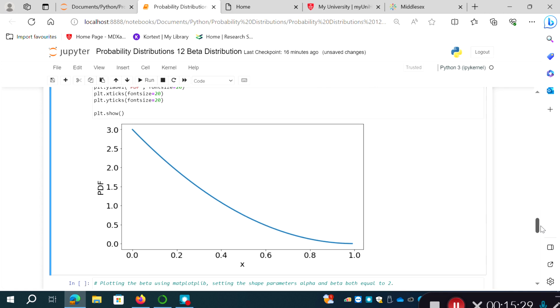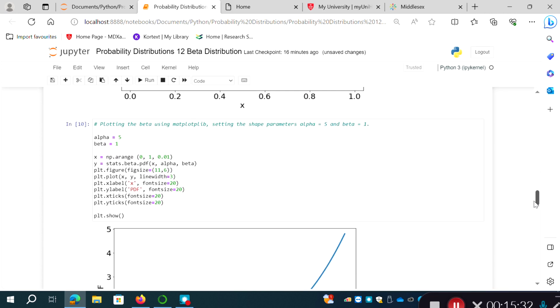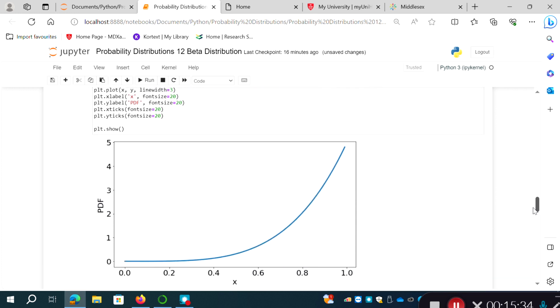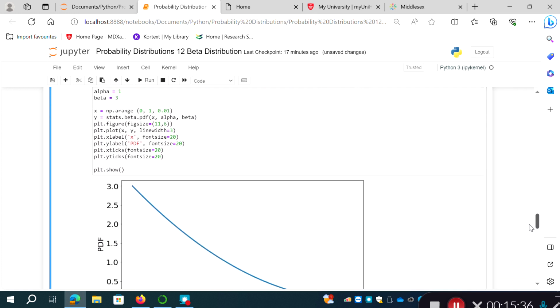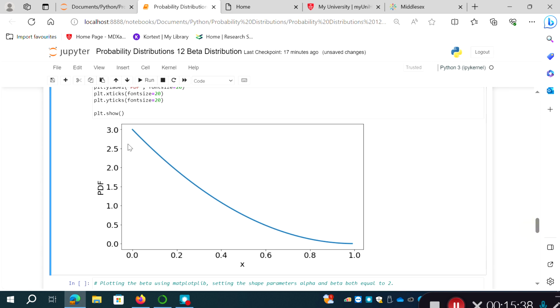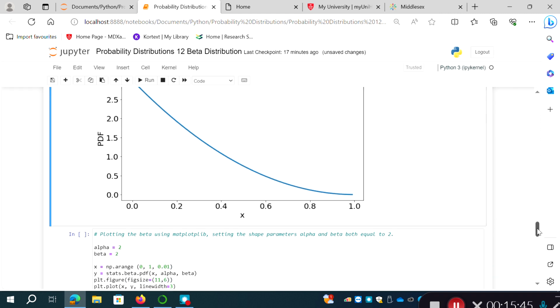Similar to when alpha was larger than beta, and we got a negatively skewed distribution, this time beta is larger than alpha, and we get the opposite effect, with higher probabilities at the lower end of the x input scale.